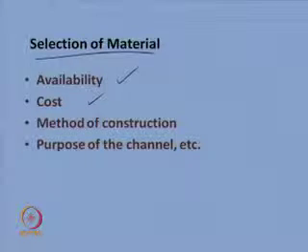The cost involved in incorporating that particular lining material in the channel, whether the cost is getting escalated considerably if you line the channel with a certain type of material, depends on that. If it is economically viable, adopt that material.